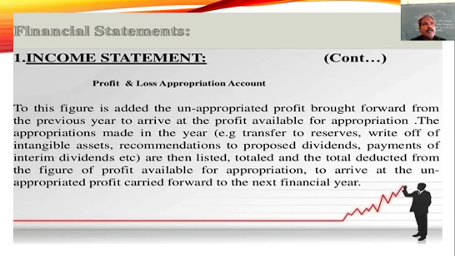So the profit and loss appropriation account: to this figure is added the unappropriated profit brought forward from the previous year to arrive at the profit available for appropriation.